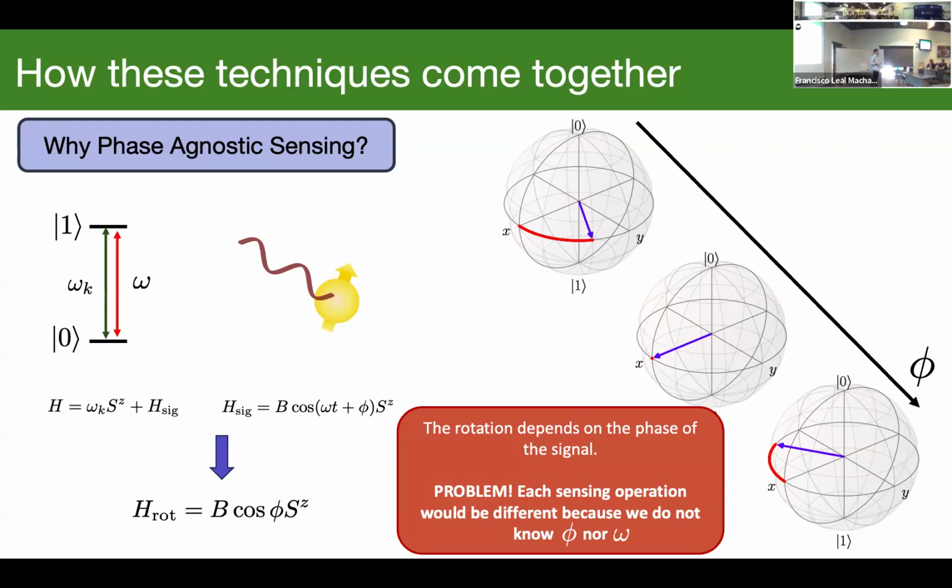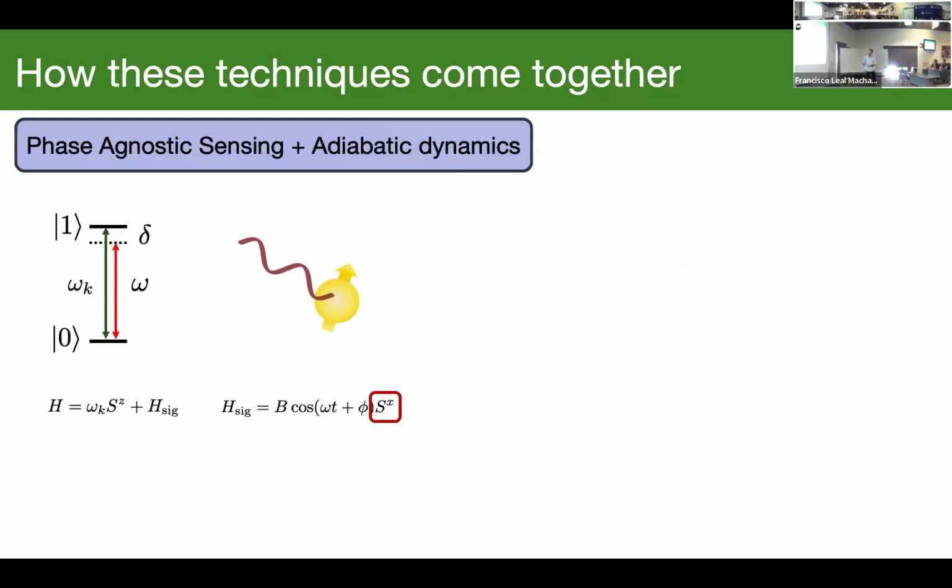So the key insight is that we want to start from scratch and build a fundamental building block that doesn't have these concerns. So we need this phase elasticity to be more robust. And the idea is that instead of thinking of the signal being in the x and the z direction, proportional to the quantization axis x of our qubit, we actually want to think of our signal in the other direction, slightly detuned from our qubit frequency.